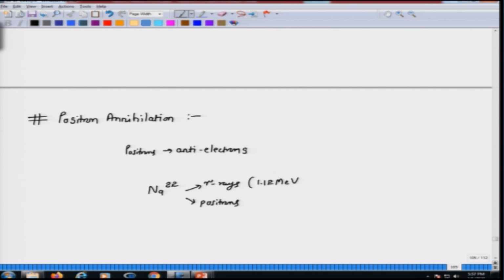So, the positrons will go into the piece of metal, and there they will combine with the free electrons of the metal and emit gamma rays of the energy about 511 kilo electron volts.